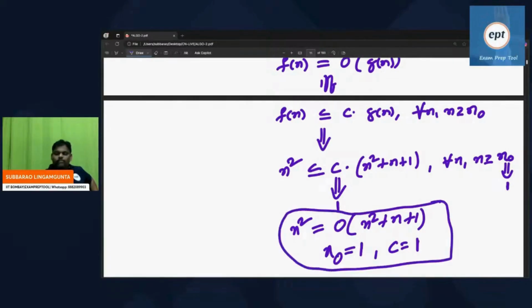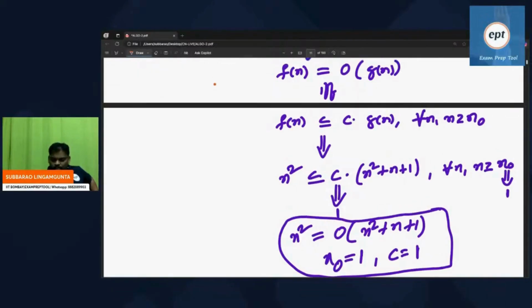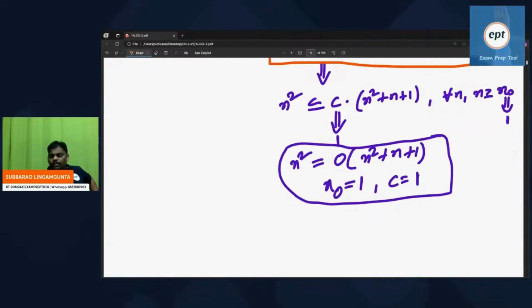So this is the answer. Big O notation has one condition. If you can satisfy this condition, then you can say that between those two functions big O notation holds good. I am able to satisfy it, so I can say big O notation is satisfied.